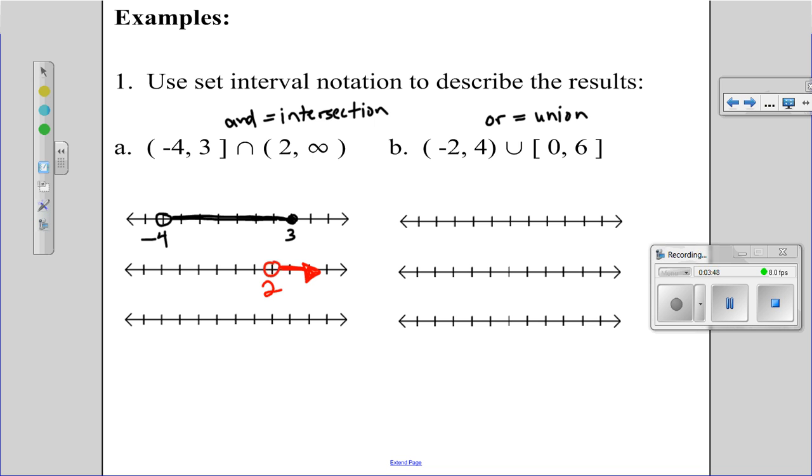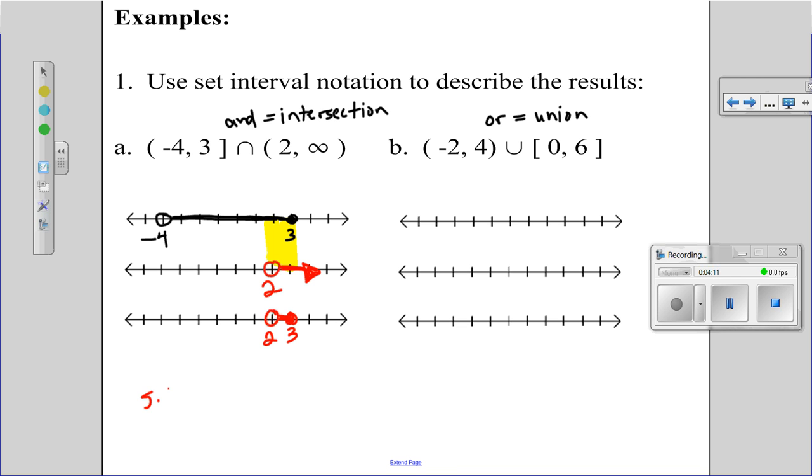And what and is referring to is the intersection between the two. So what values are included in both? And I would say that's from 2, not including 2, to 3, including 3. That is the interval that is included in both. So when we write that as interval notation, we're going to be using set notation.